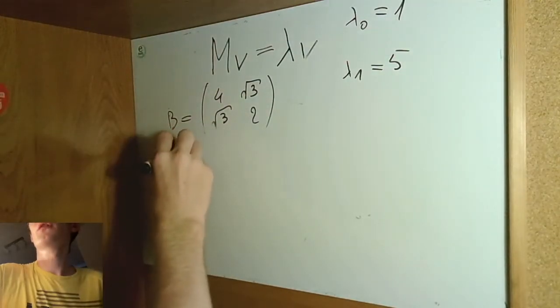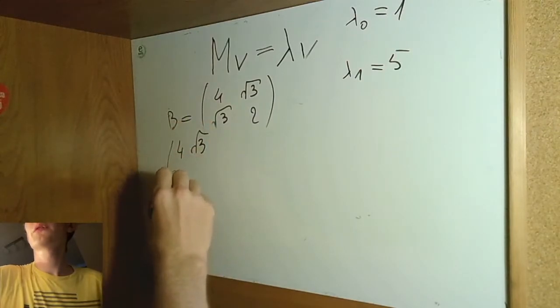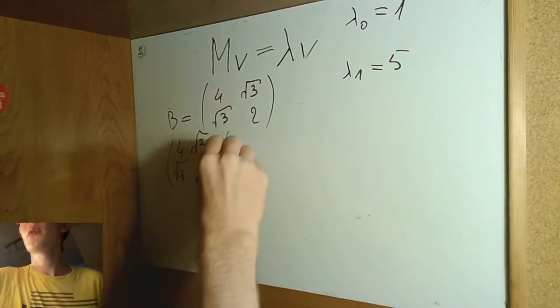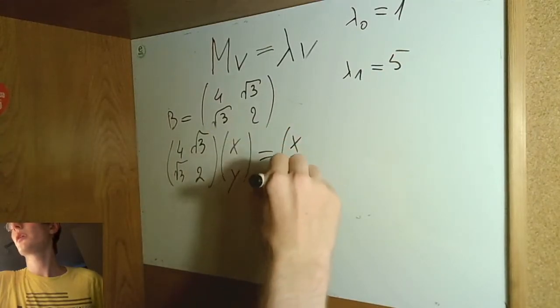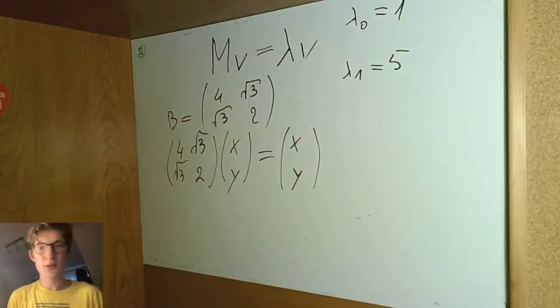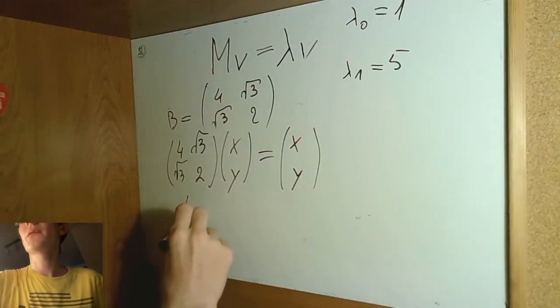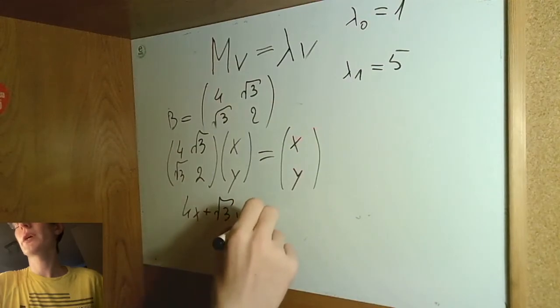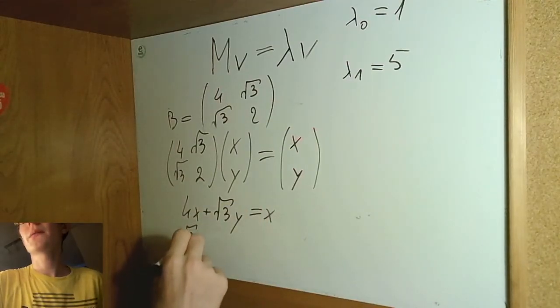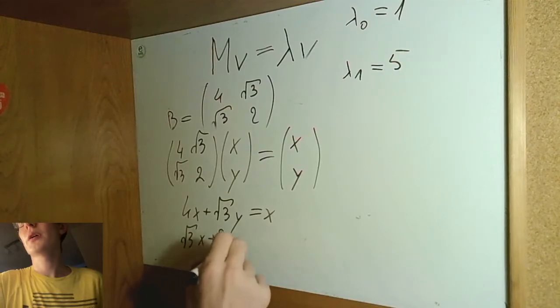Okay, 4, square root of 3, square root of 3, 2 times some unknown vector equals x, y, right? Because multiplying by 1 doesn't change anything. So we have 4x plus square root of 3 times y equals x, and square root of 3 times x plus 2y equals y.